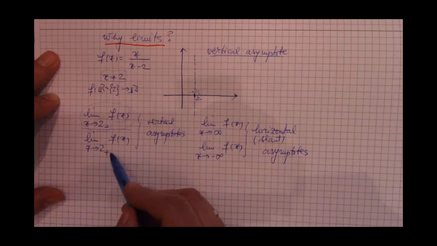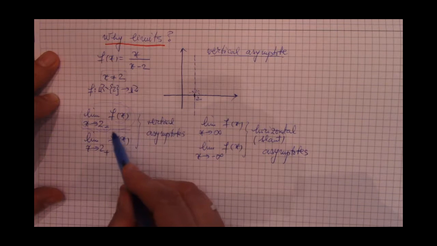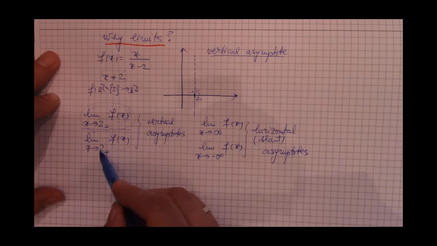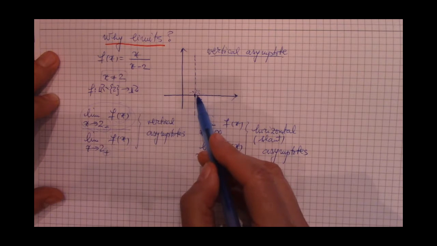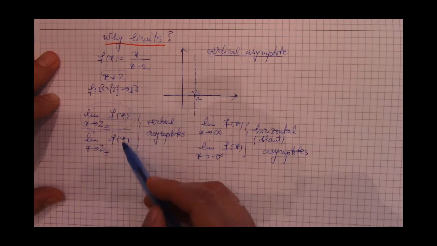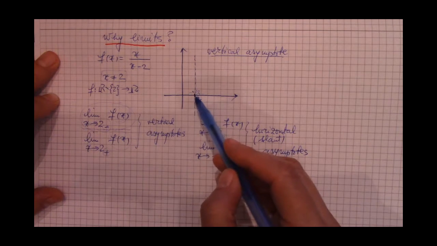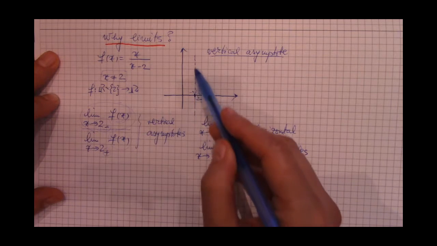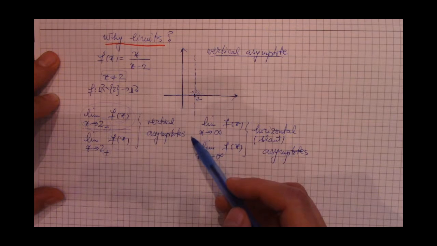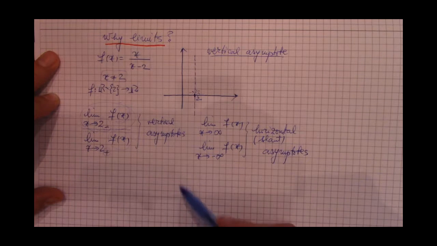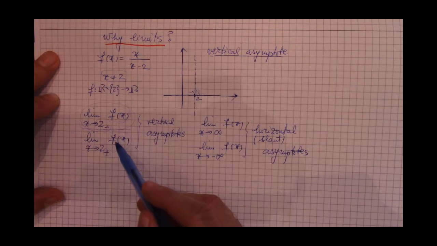Also, we want to understand what happens with f of x when we approach 2 from the right; this plus means that we approach 2 from the right. So we need to be able to compute side limits in order to understand the behavior of f as we approach x equals 2, the vertical asymptote. That's one very important type of limit we are going to be looking at.